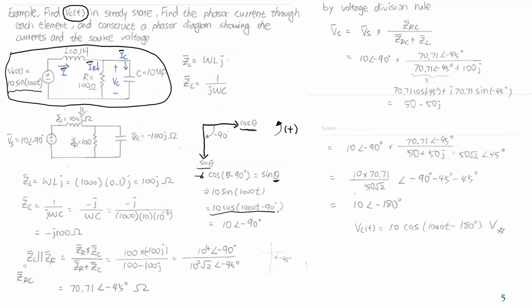So we know Vs, the phasor voltage of the source, is 10 at an angle of minus 90 degrees. So this is our first step. Okay, so let me explain in Chinese.